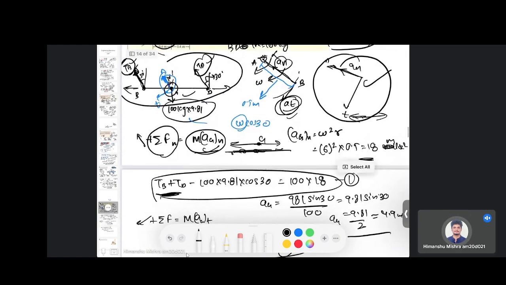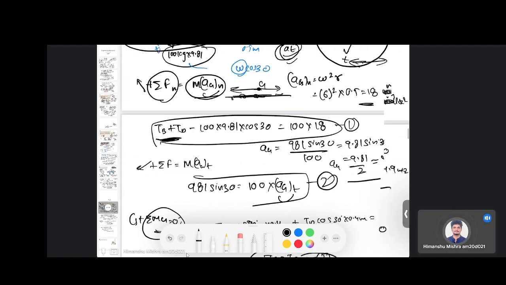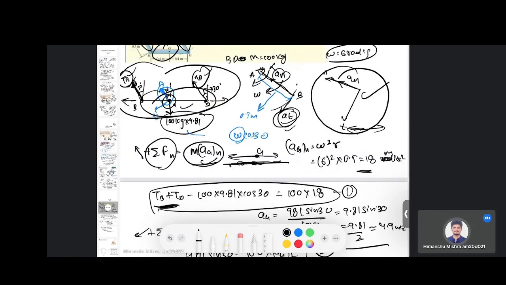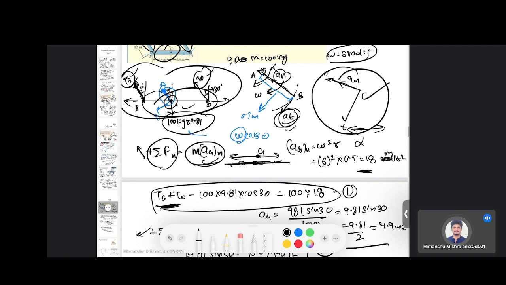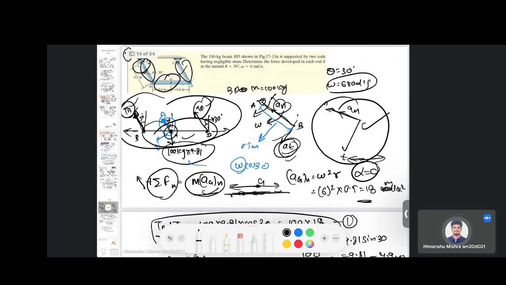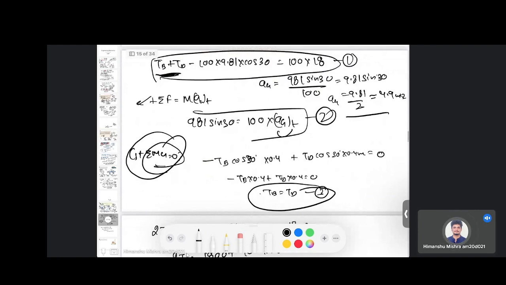The summation of force is equal to mass times acceleration in both components, but the summation of moment is zero because this beam is not rotating, only the rods are rotating. The beam only has translational motion, which means the angular acceleration alpha of the beam is zero. So the summation of moment about the center of gravity of the beam is zero.